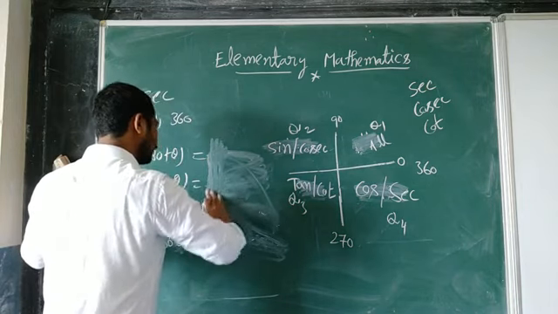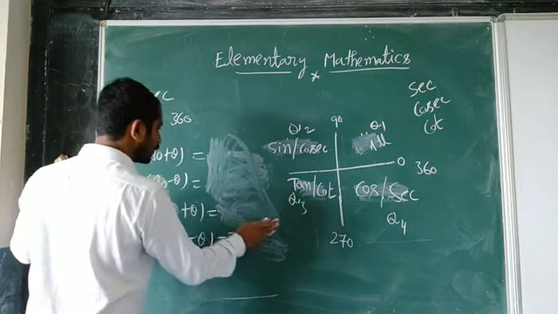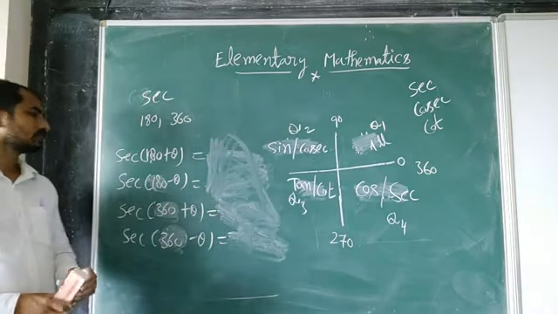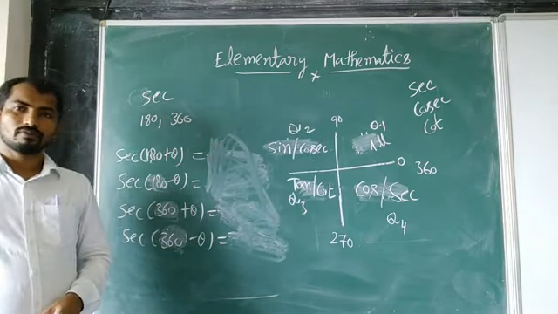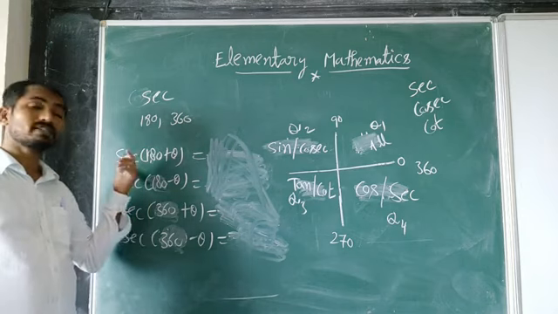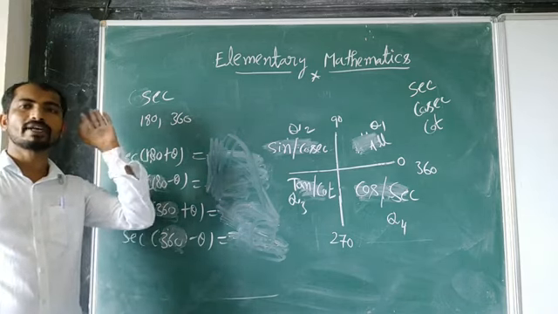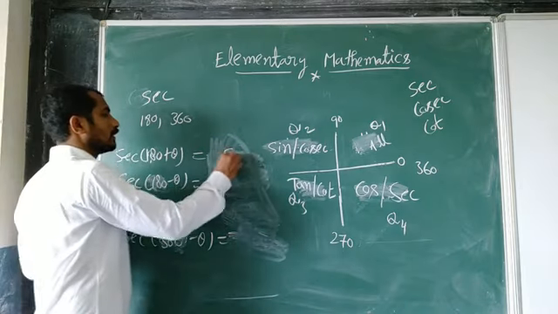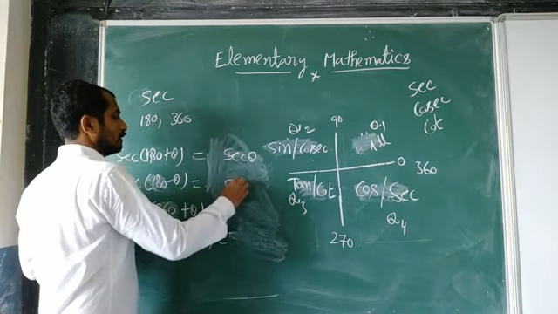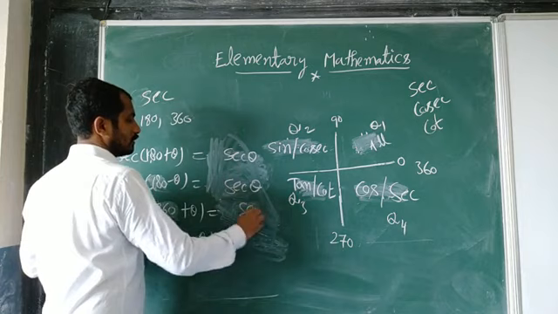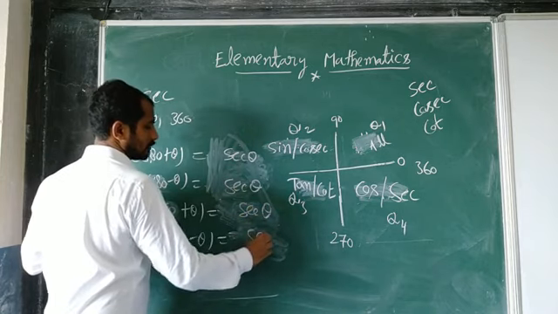In this case, the answer will also come in terms of the base function. What is the base function? Sec is given. Base function sec. Now the answer will also come in terms of sec. That means here you get sec theta, and this also sec theta, and this also sec theta, and this also sec theta.